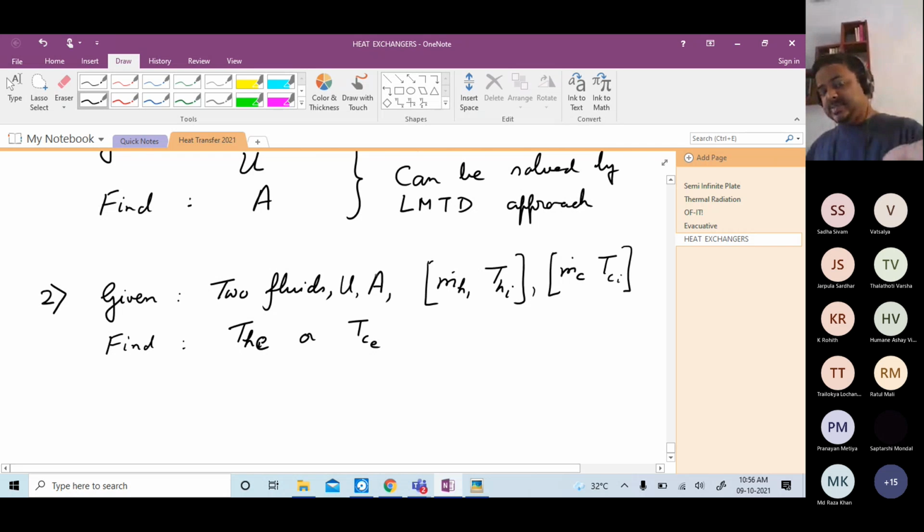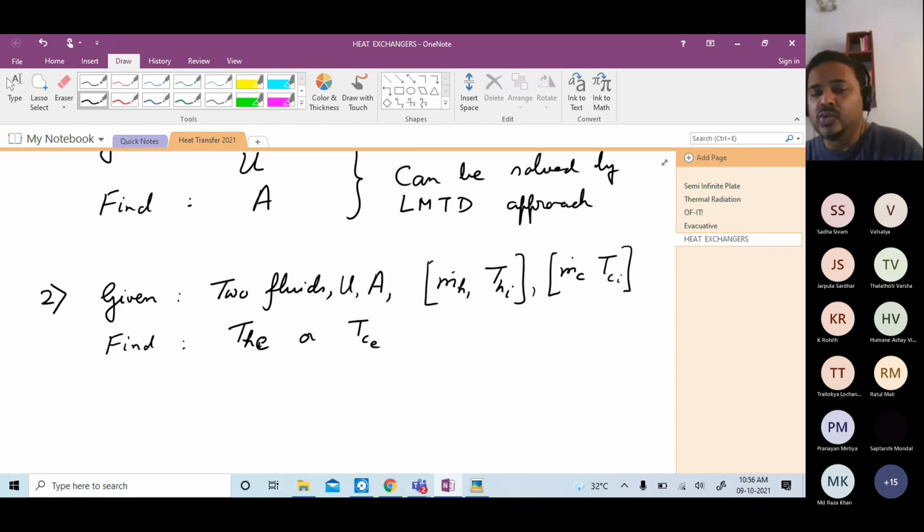If you have a heat exchanger, and this is a practical situation, right? At the inlet you have a fluid that needs to be cooled down, so you know the flow rate and temperature. And then to cool it down, you are using a coolant, and at the inlet you control the flow rate and the inlet temperature.